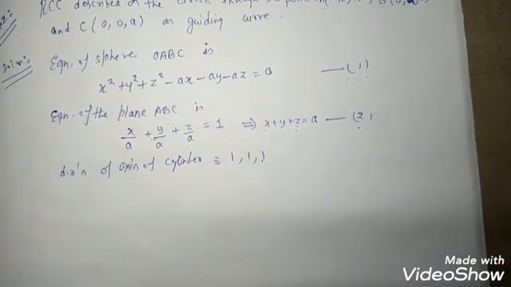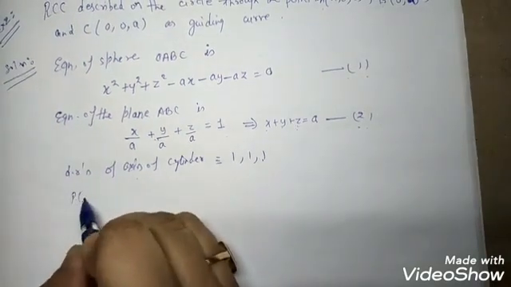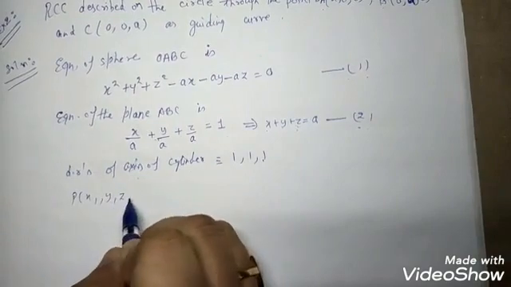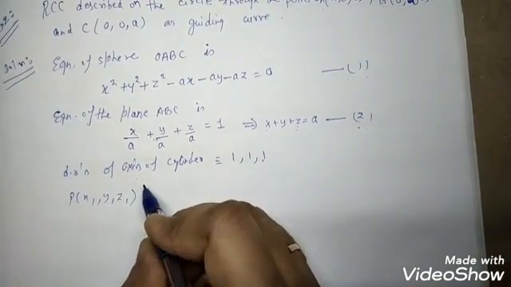Now let P(x1, y1, z1) be any point on the cylinder.